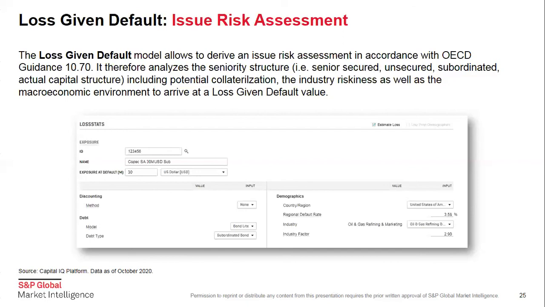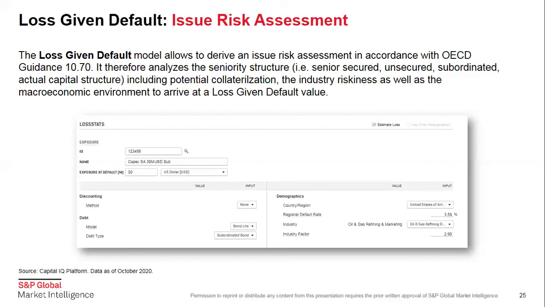In this case, I chose a bond light model, and as the debt type, I'm going to make this a subordinated bond. Now, for demographics, there are only certain sovereignties which have the kind of information which is needed on bankruptcy and debt filings. We have all of those available within the database, and in this case, I used the United States of America, which we found has the most complete information on bankruptcy and debt due to the size of the debt market.